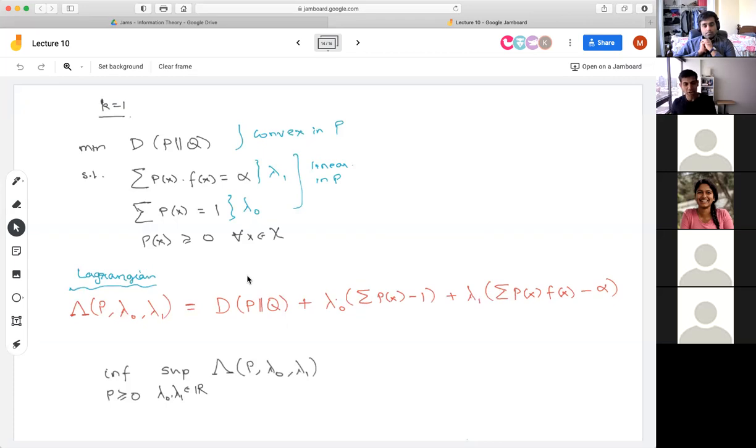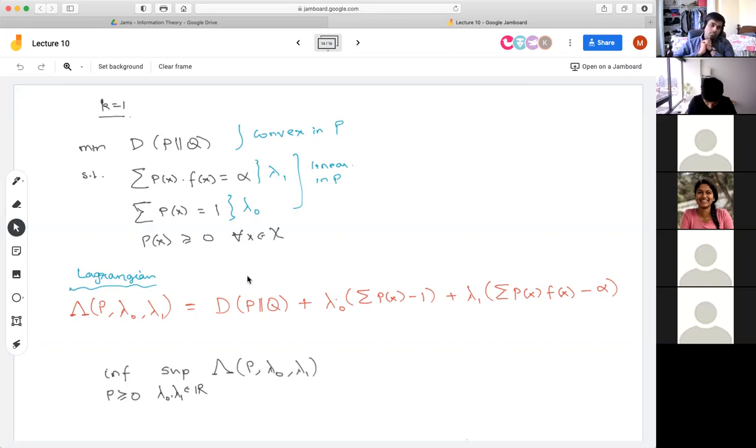which is the quantity we wanted to minimize in the first place, plus the other constraints now replaced by these penalty terms. Okay. And I claim that the minimization problem we are solving can be written, again in a more complicated looking form, as computing the infimum over P of the supremum over lambda of this quantity that we wrote down.